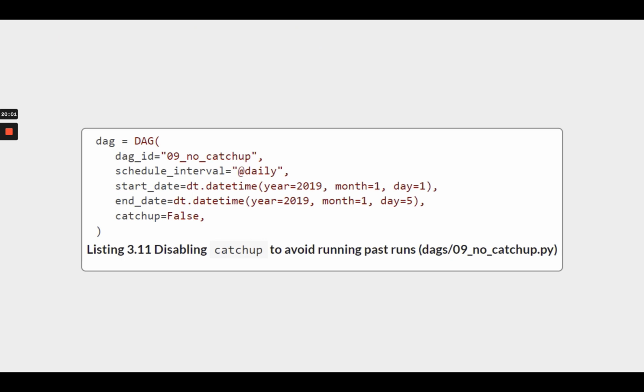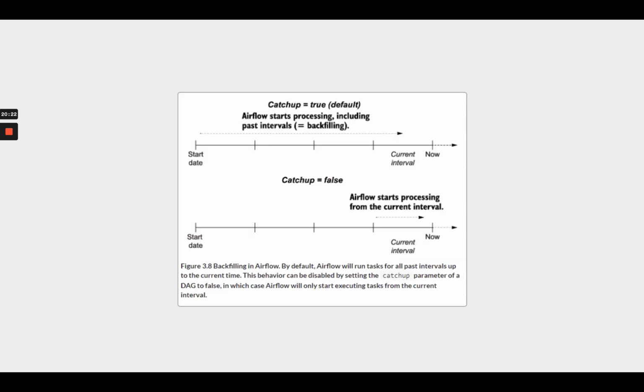By default, Airflow will schedule and run any past schedule intervals that have not been run. As such, specifying a past start date and activating the corresponding DAG will result in all intervals that have passed before the current time being executed. This behavior is controlled by the DAG catch-up parameter and can be disabled by setting catch-up to false.